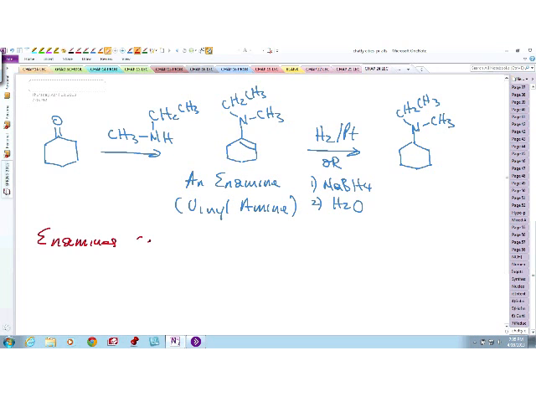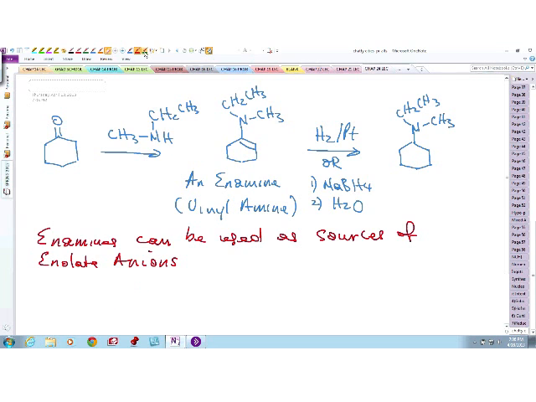Enamines can be used as sources of enolate anion. And you know what that means. If you can use it as a source of enolate anion, what does that tell us? We could therefore use enamines for alkylation, right?